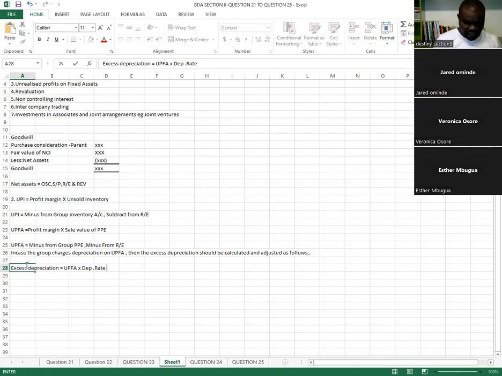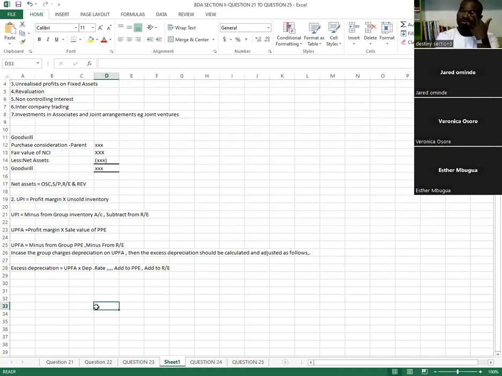Then now, how do you adjust for the excess? You add it back, add to PPE. Also, you add it back to retained earnings, like that. That is how we adjust for excess depreciation.